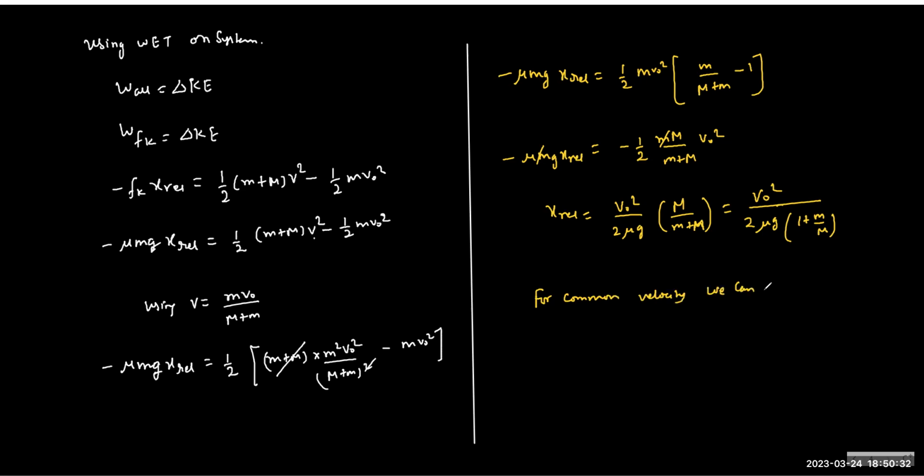We can conserve linear momentum of the system, which means if you look at the momentum point of view, what was the momentum of the system? So it was only mv naught, right? Yes. And when they move together, then what is the momentum of the system?